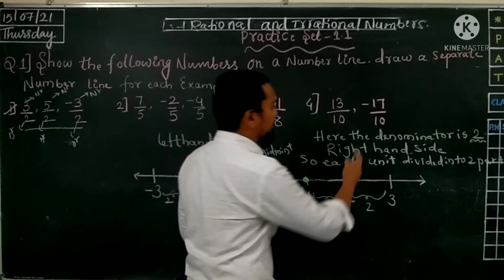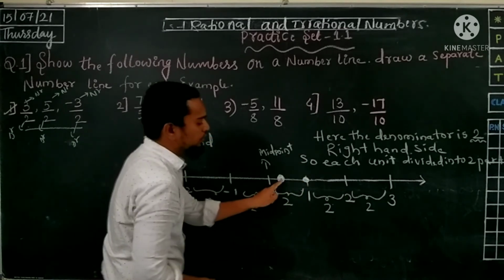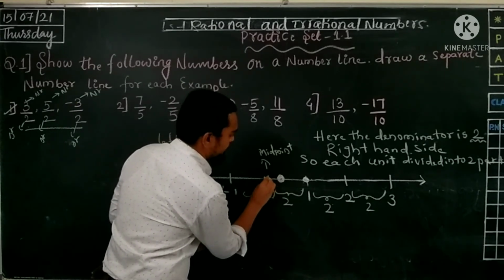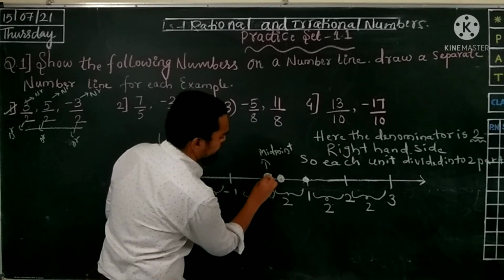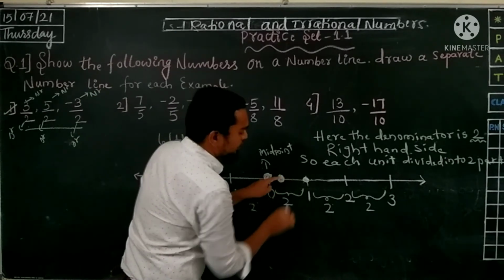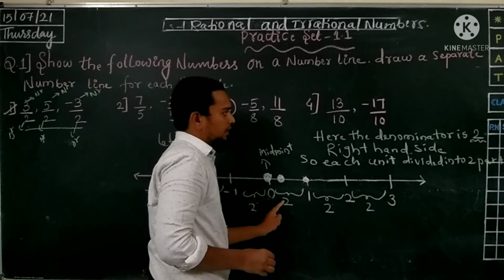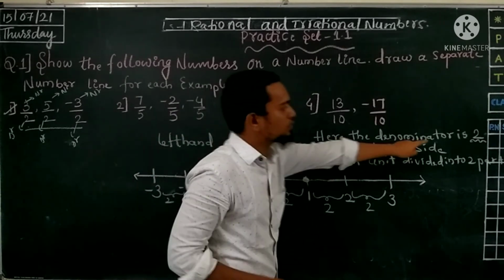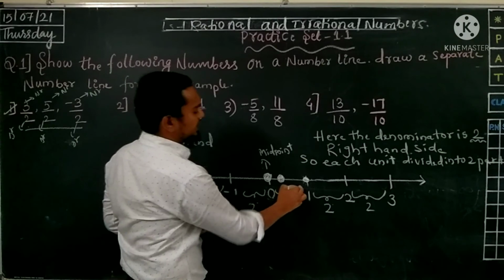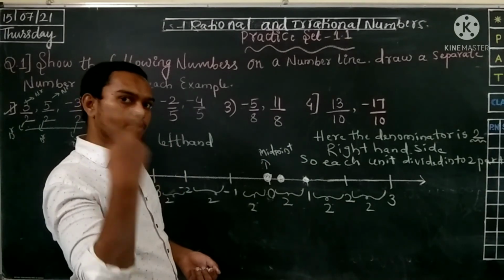The difference between two numbers is 2 units, because the denominator is 2. That is why we write 2 units. That means the difference between every number is 2.